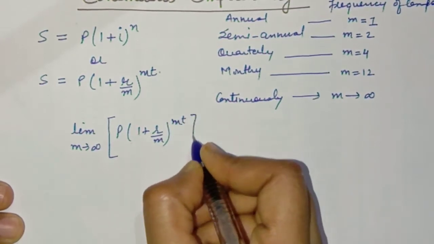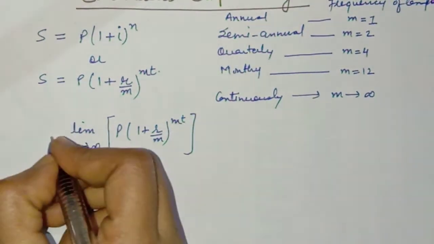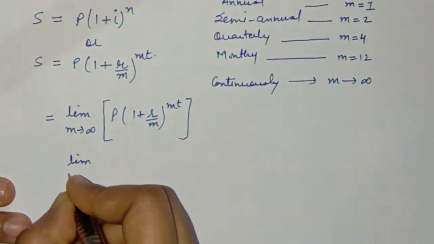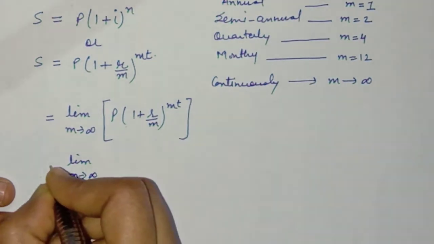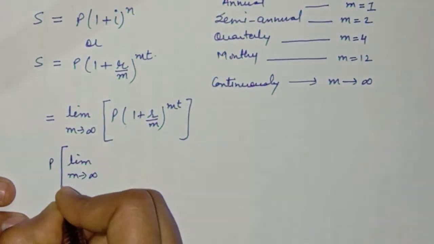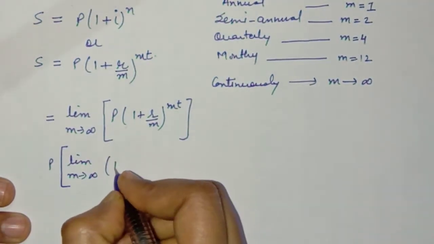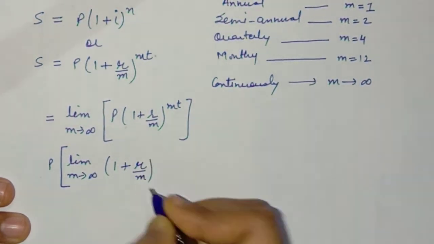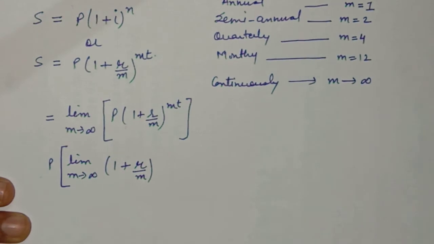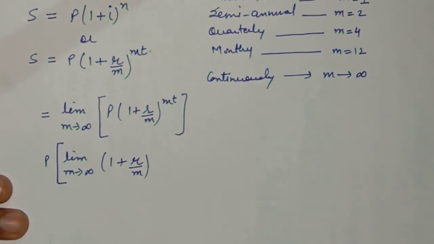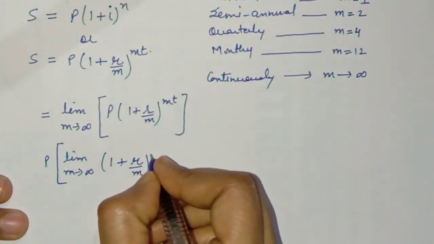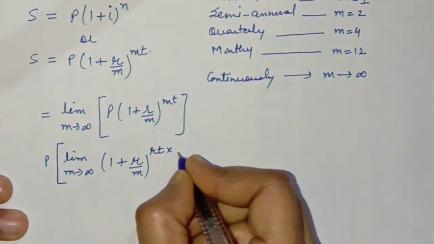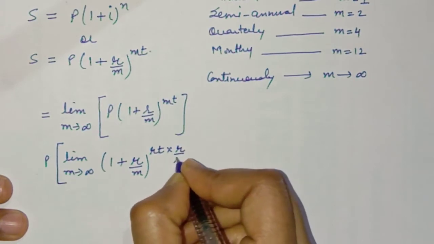In this case, I can take P common and I'll be left with this part, and along with this I will also introduce r into t, and I'm introducing r upon r.